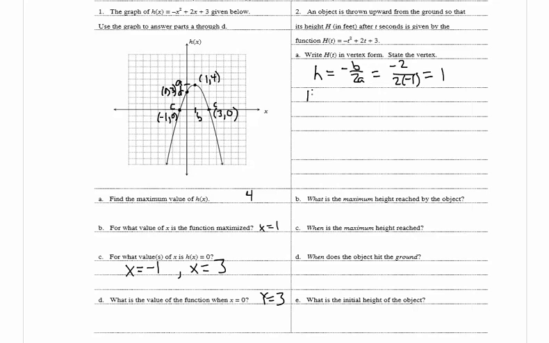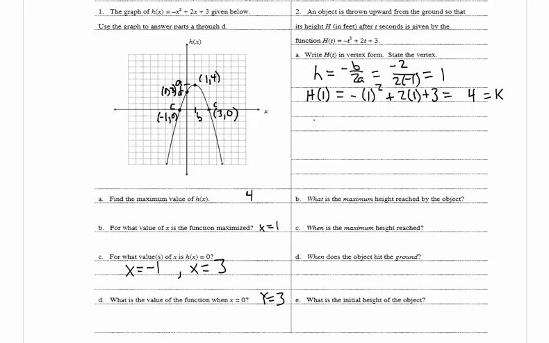So we're going to have capital H of 1 is equal to -1 squared plus 2 times 1 plus 3, and this is equal to 4. So we found our h and our k, which was equal to 4. So our vertex was (1, 4), which we found in the picture to the left.